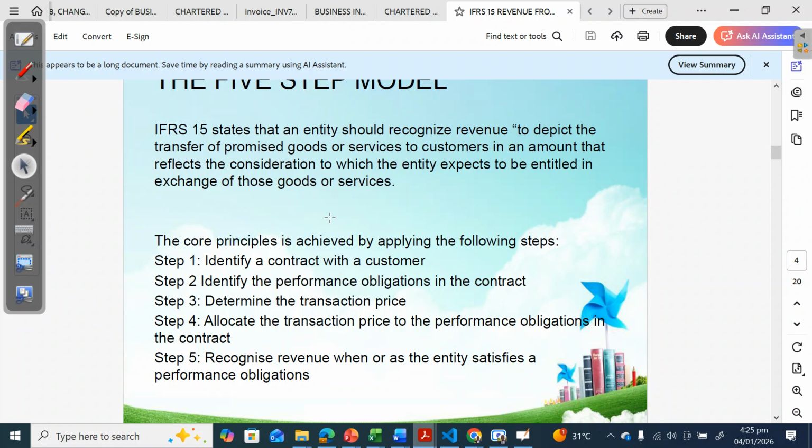There are sales transactions where there's a formal contract, like let's say purchase of land. There's a formal leasehold contract, contract to sell. Those are formal contracts. And there are also transactions where it's more or less informal, like you go to the market to buy some cooking ingredients from the market women.